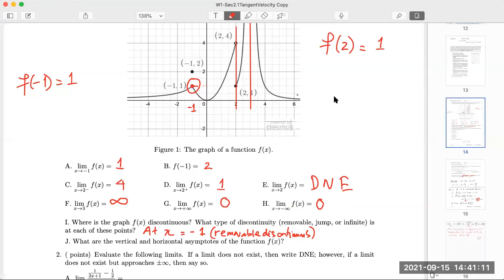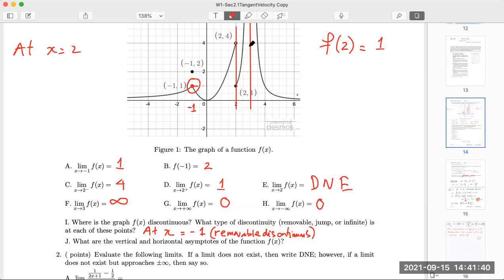And at x equal to 2, if x approaches 2 from the left, the graph will go to this point, but then it jumps down and continues.